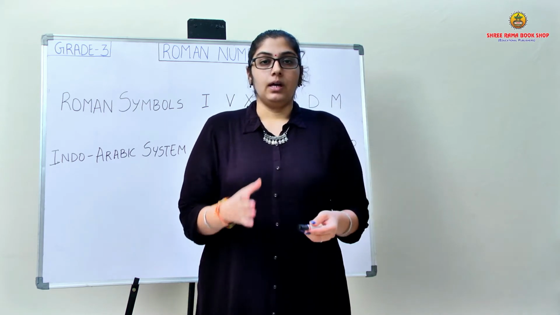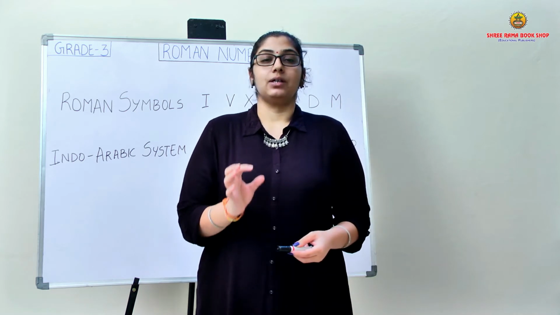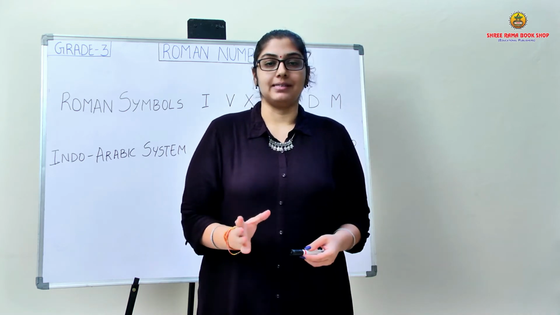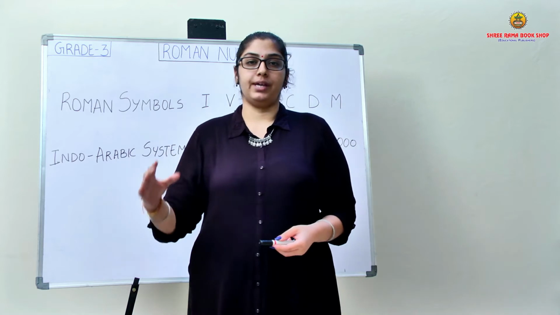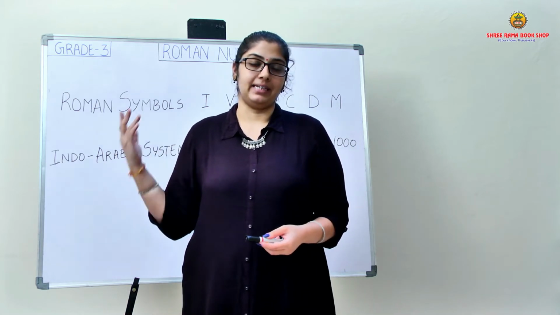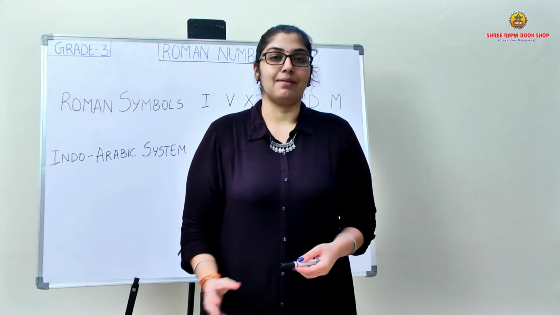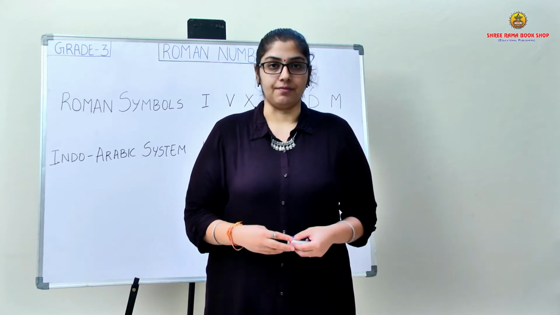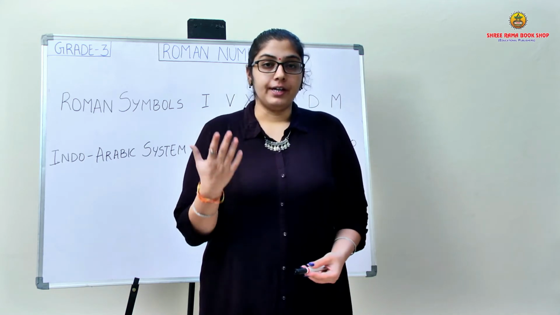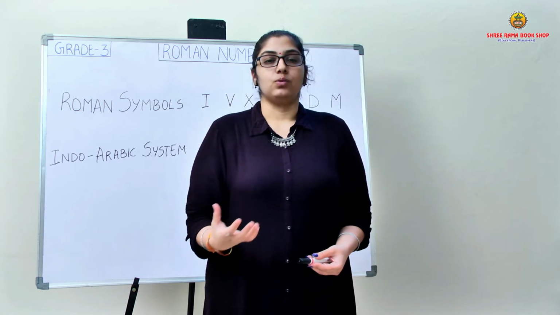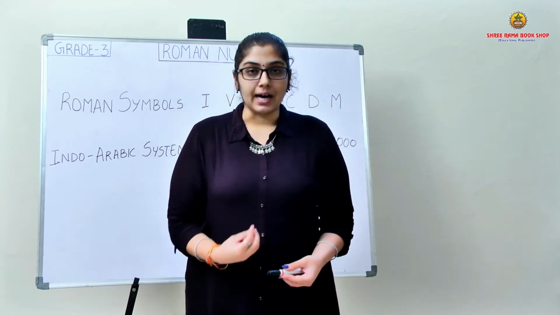Okay, the Romans didn't use our number system like 0, 1, 2, 3, 4, 5, 6, 7, 8, 9. They didn't use these numbers that we use now in our day-to-day life. They had different numbers or symbols which they used to represent our numbers.